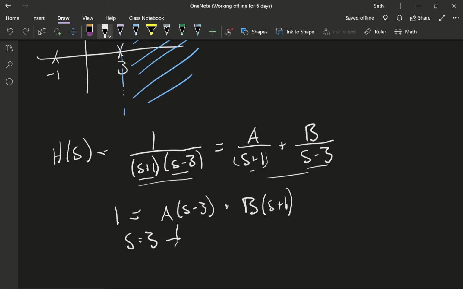If s equals 3, s minus 3 is 0, so the A cancels. We get B times (3 plus 1) equals 1, so B times 4 equals 1, B equals 1/4. Same deal, if we let s equal -1, then this cancels, and we get A times -4 equals 1, so A equals -1/4.